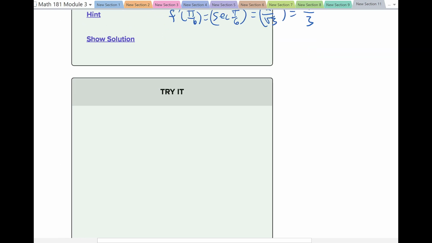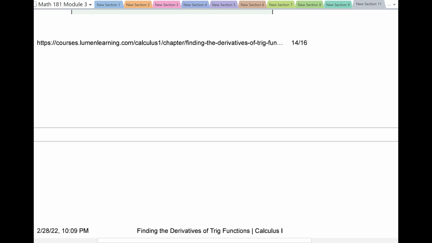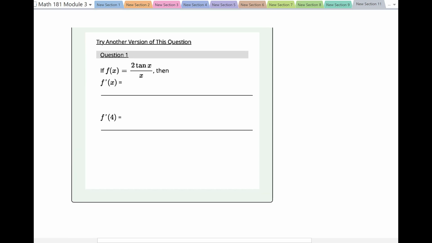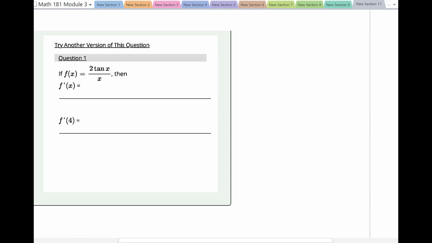Okay, let's try this next one here. It says if f of x equals 2 tan x over x, then f prime of x equals what? Then f prime of 4 is what? So I'm just going to do it over here. Our f prime of x, it's a quotient, so the quotient rule applies.